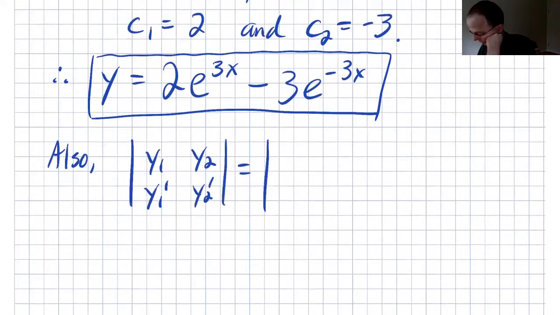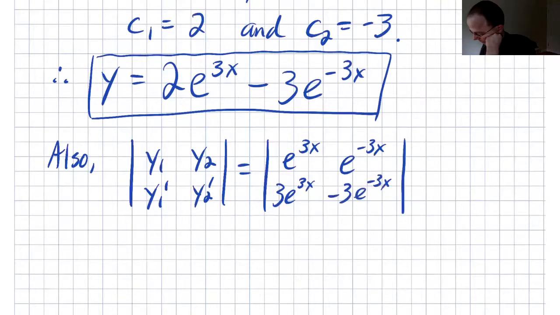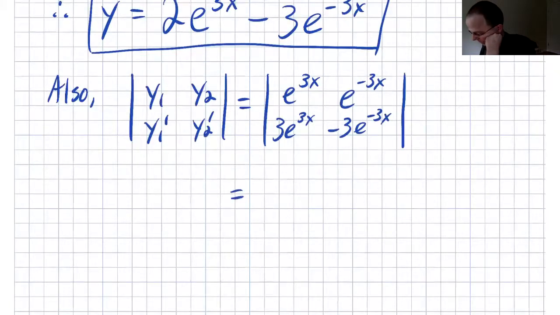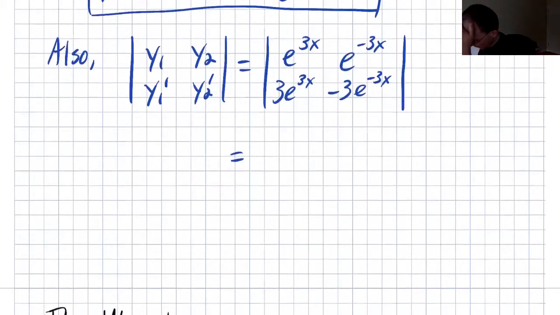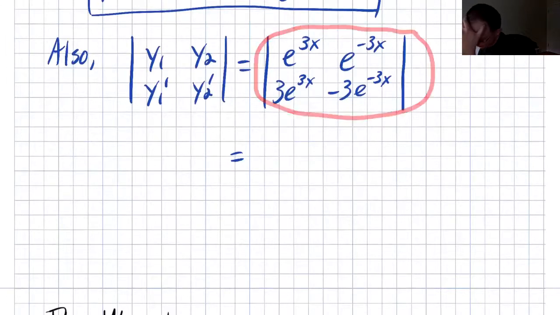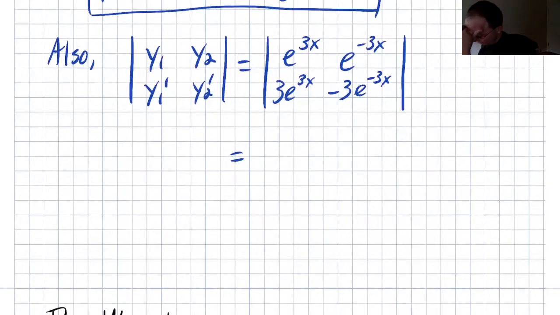So y1 is e to the 3x, y2 is e to the negative 3x, and this was 3e to the 3x, and negative 3e to the negative 3x. I guess what we're doing here is we're trying to decide if there's always a unique solution to the initial conditions or not. So maybe there's like a bad x where this is equal to 0. So let's see, is this thing ever equal to 0? That's a good question. So let's see if we can figure that out.